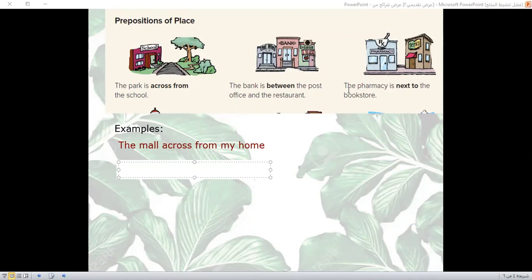The book is between the pencil and the bottle of water. The table is between the TV and the couch. The gym is between the house.